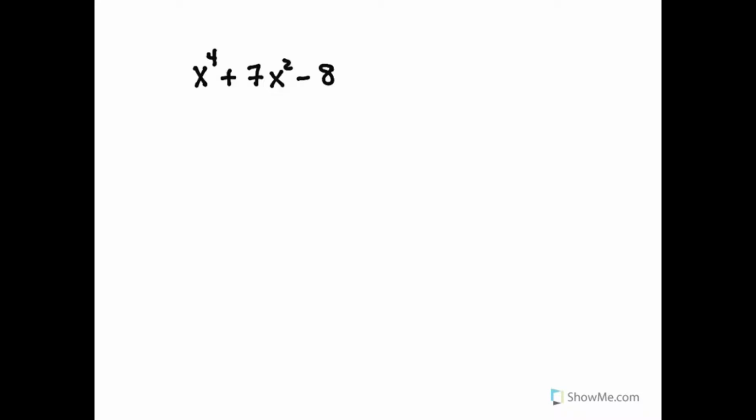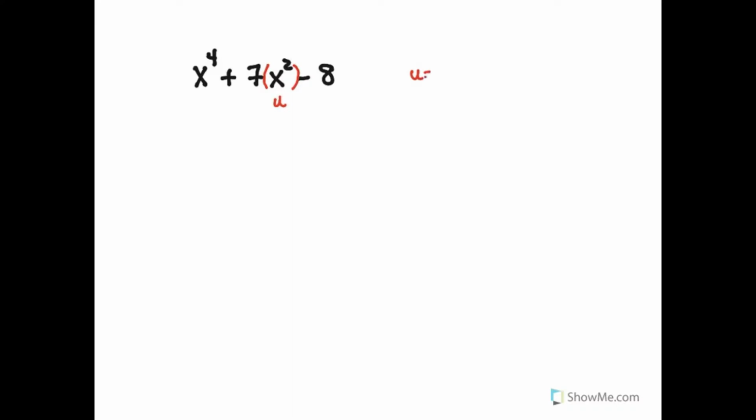Well, we want to factor completely x to the fourth plus 7x squared minus 8. It looks like it might be quadratic in form, so let's see if we can figure out what u is. The best way to do that is to look at the middle term. That would be a plain u, so 7x squared, what if u was x squared?